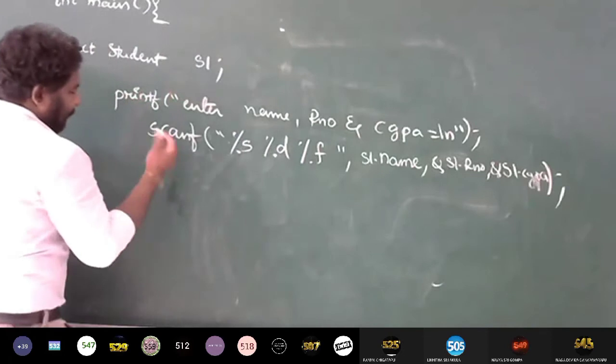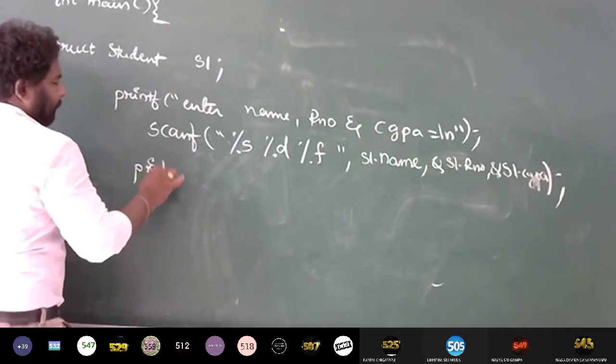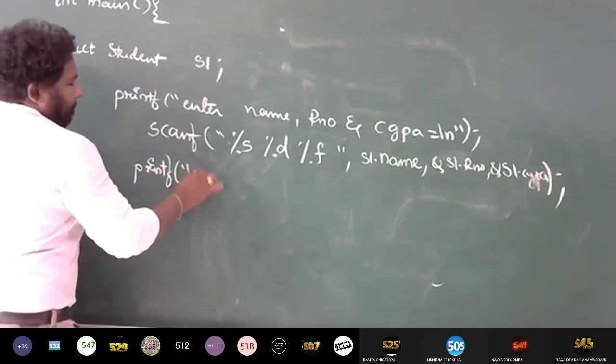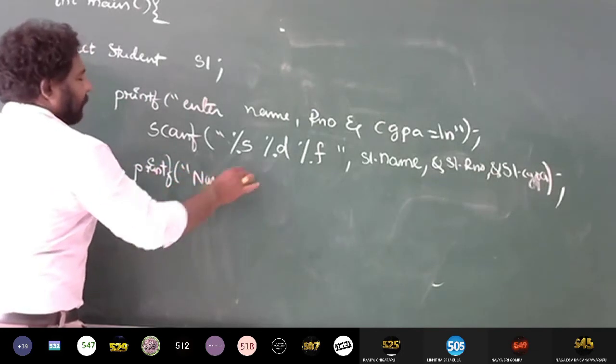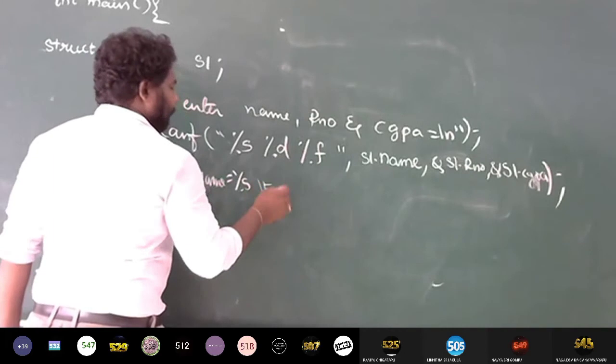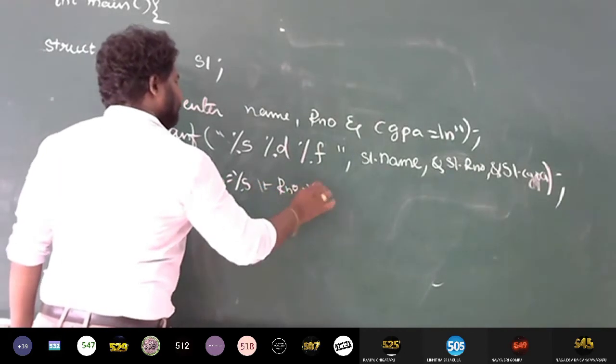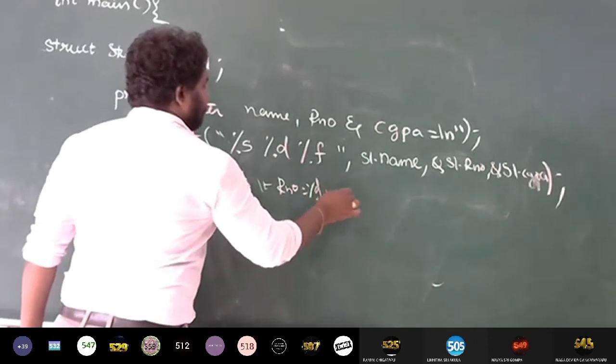Okay now. And after that, if I want to print values, I can do this: printf name equals to percentage s. Then one tab, roll number equals to percentage d. One tab.